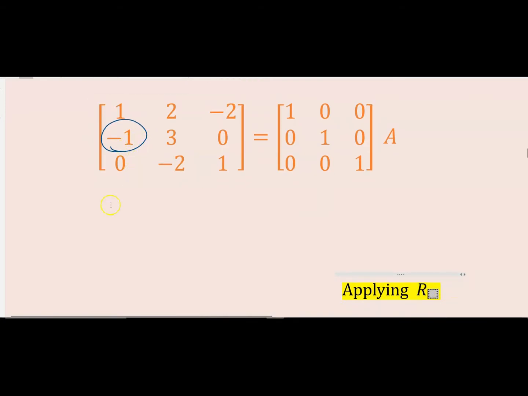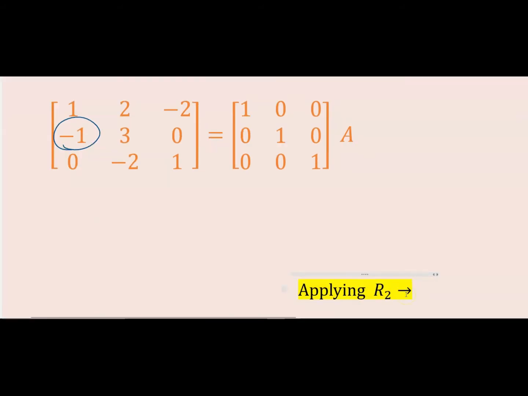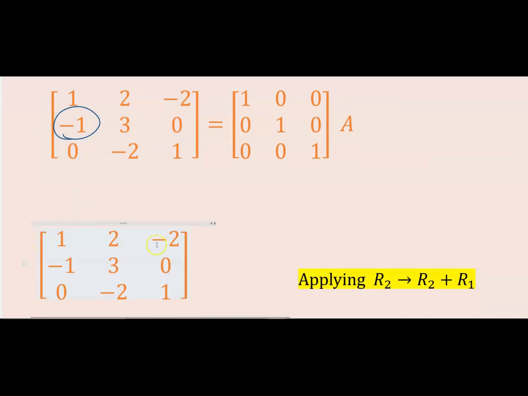We have to change R2, so we will apply R2 becomes R2 plus R1. As you can see, we will convert this entry to 0. So just add these, that is R2 plus R1.